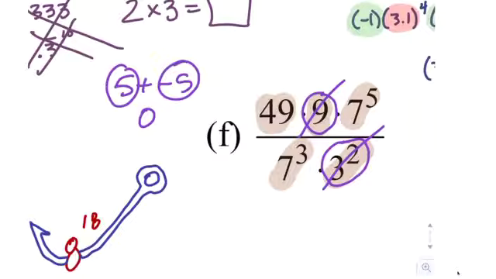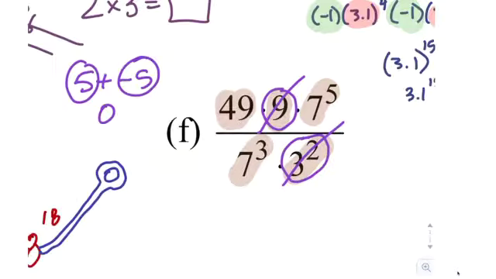Okay, so now you might say, hey, 7 to the 5th divided by 7 cubed. There's 5 7s in the top and 3 in the bottom. So that leaves us how many in the top? 7 squared. And hey, 49 is actually 7 squared also.